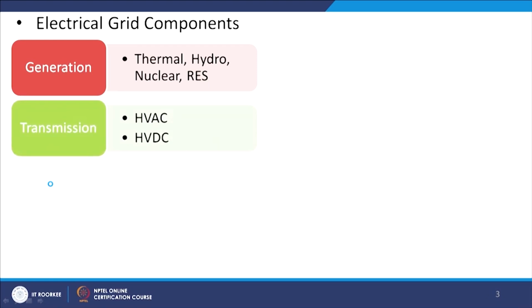Transmission, as told recently, is either high voltage AC or high voltage DC. The distribution system is mostly AC type, but in recent times people have started talking about DC type too. The consumers, as we all know, are industrial, commercial and residential or domestic types.